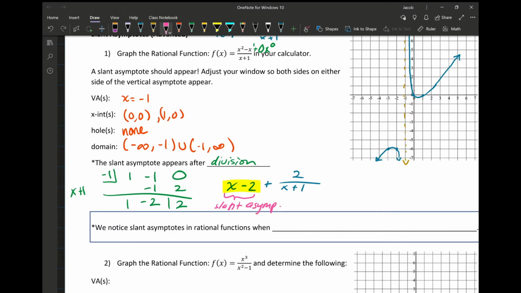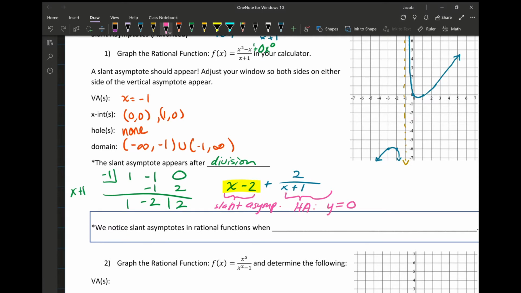And then the remainder, if you remember what Ms. Tackett said about division, or comparing the numerator's degree to the denominator's degree, this little mini problem has a horizontal asymptote of y equals 0.